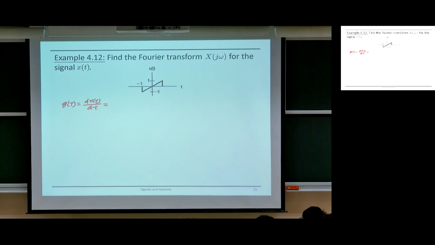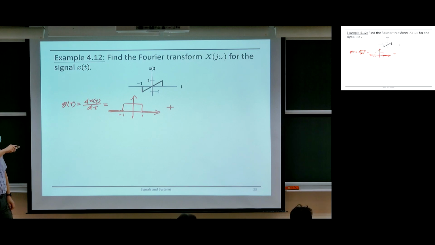So this will give you a part that looks like a rectangle from -1 up to 1. But that's not all. If you look at this figure here, we also have an abrupt change from 0 to -1 at position -1, and also an abrupt change from 1 to 0 at this point 1.